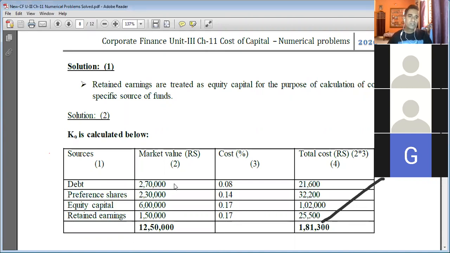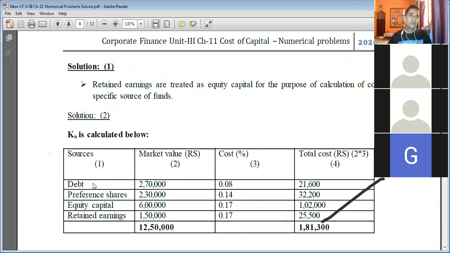Say for example, there is no data on the face value of debenture. It is not given in the problem. And the market price of debenture individually is also not given. So that's why I explained. Say the face value of debenture is 100 rupees and there are 1000 debentures.